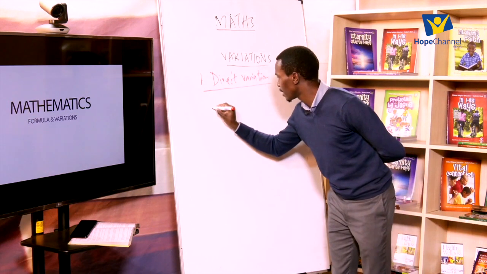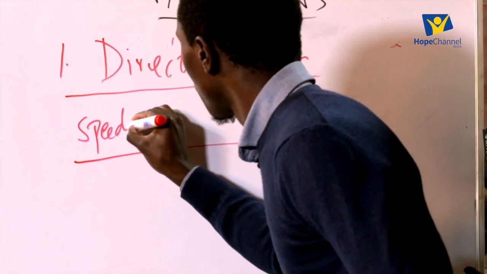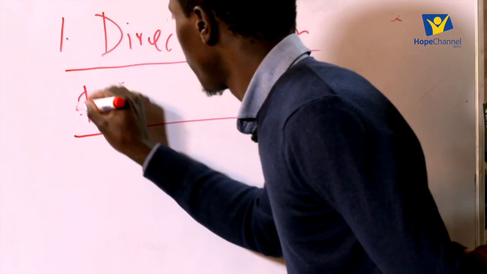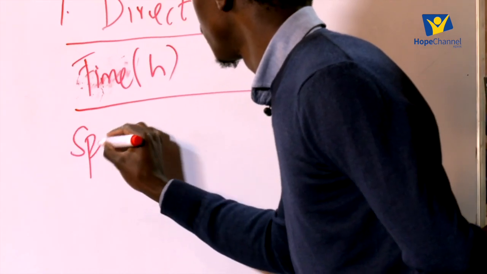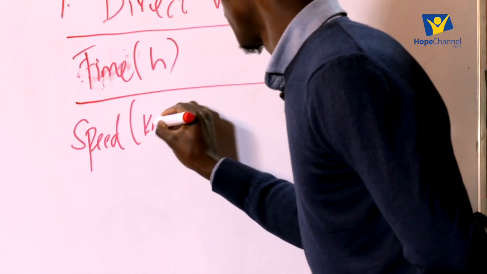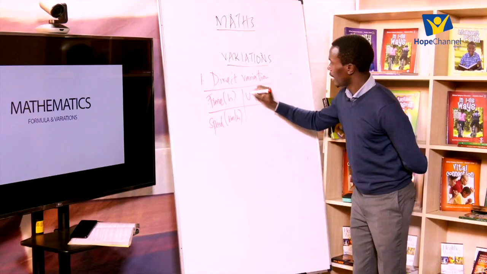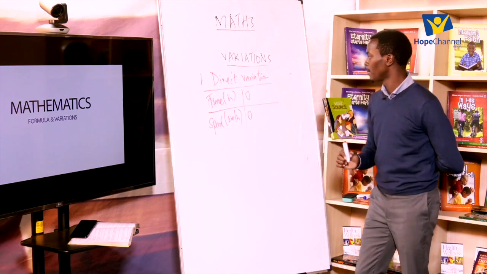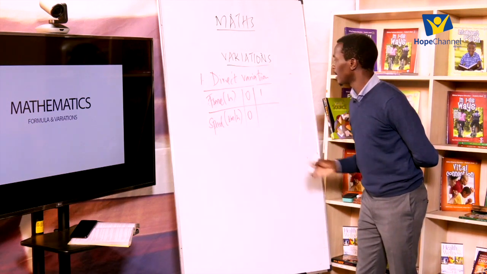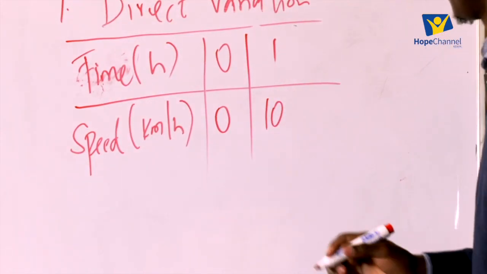So let's have an example of a table. So we'll have here time in hours, and then we have speed in kilometers per hour. So at time 0 hours, the speed of the vehicle is 0. After 1 hour, we can say maybe the speed of the vehicle is 10 kilometers per hour.